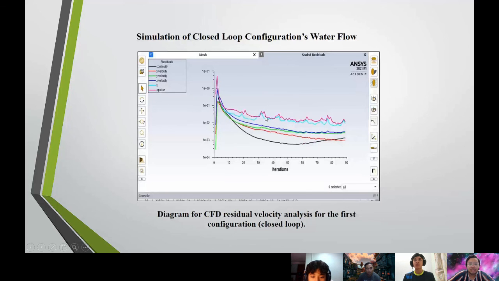At epsilon, we can see that there are some spikes here, which indicate the corners of the pipe. From here, we can determine that the velocity of flow is constant for all sides of the pipe.